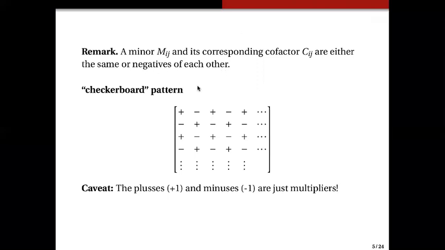The cofactor follows this checkerboard pattern: plus, minus, plus, minus, and also along the columns, plus, minus, etc. The pluses are just the factor positive 1 being multiplied to the minor, and the minuses are the factor negative 1 being multiplied to the minor. So pluses and minuses are just the multipliers.